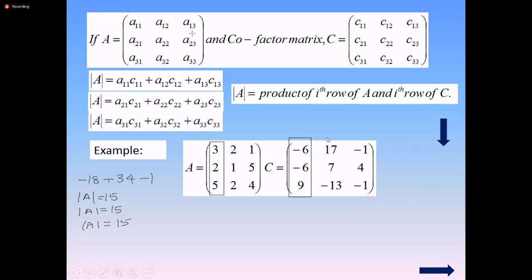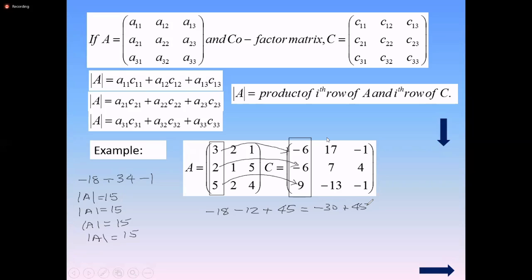Selecting the columns, then 5 by minus 6, minus 60; 2 by minus 6, minus 12; 5 by 9, then 45. Then 45 plus 45 minus 30. It is also done by using column products.